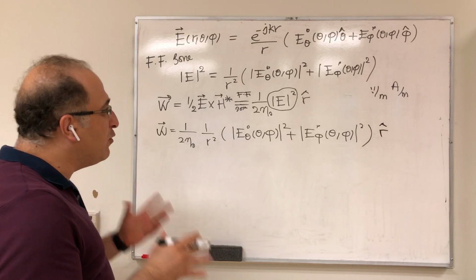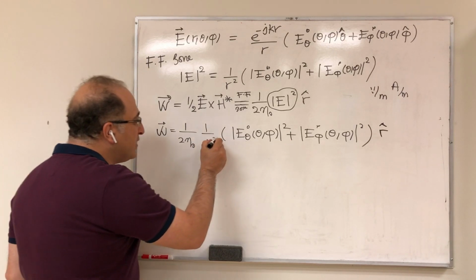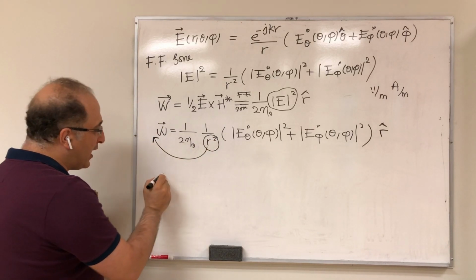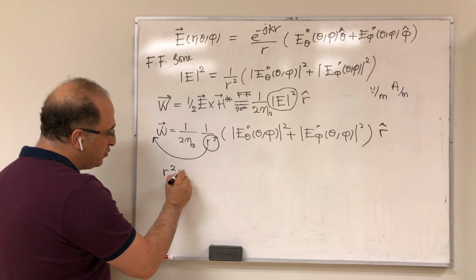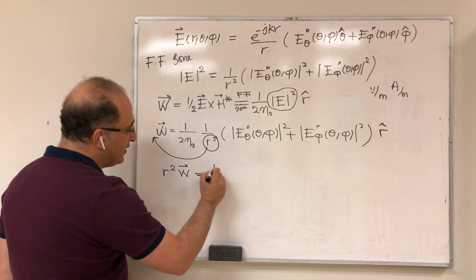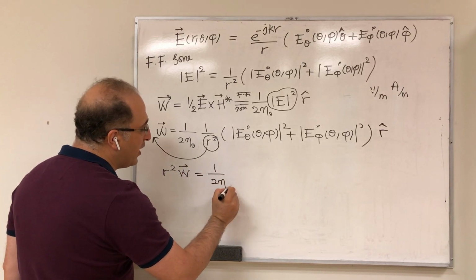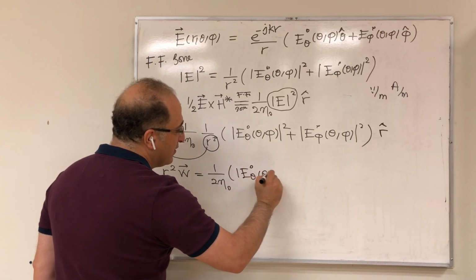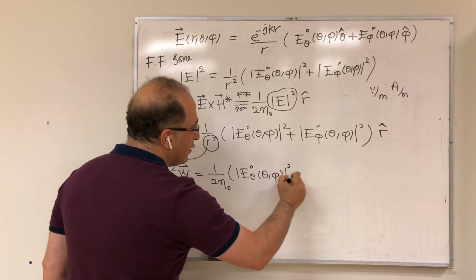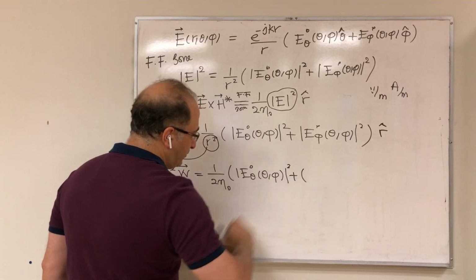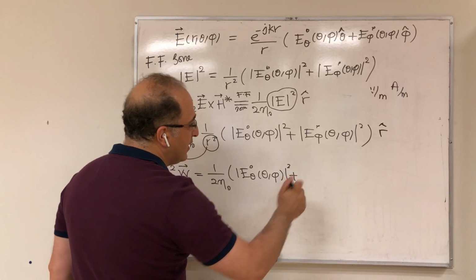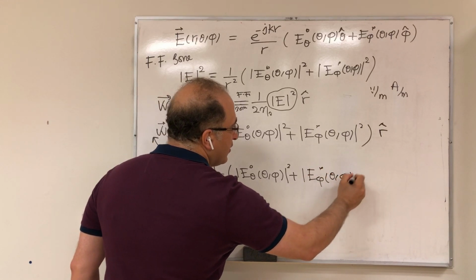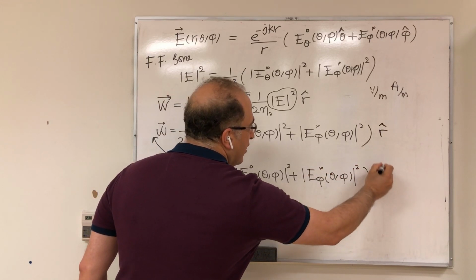Now, let me do one trick. I'm going to take this R squared and I'm going to bring it here. So I'm going to call that R squared times W. That's going to be 1 divided by 2 eta naught, and then the same thing here, E phi naught of theta, phi squared, R hat.